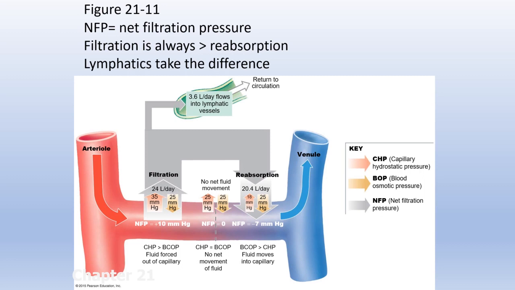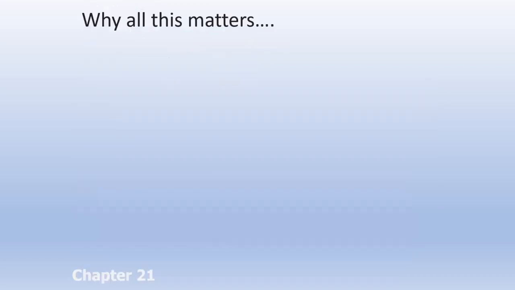And what takes that difference are the lymphatics. Lymphatics, which is a drainage system, are able to take larger substances than the capillaries. So things like white blood cells and maybe large hormones and enormous proteins that are created by your tissue cells. So lymphatics take that difference and they dump it back into circulation at the subclavian vein.